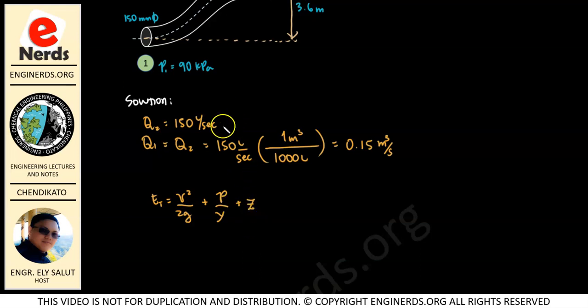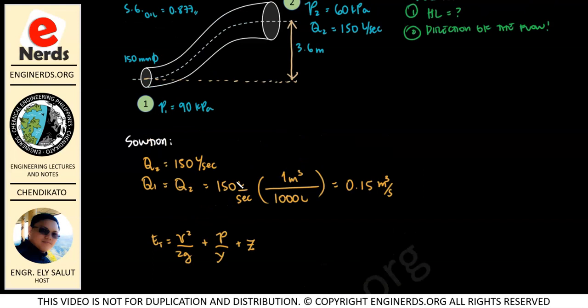Basically, we know the value of g, the acceleration due to gravity. We have the pressures here, the inlet pressure and the outlet pressure. We can get the specific weight, and we also have the elevation, which is 3.6 according to this diagram. So let us get these one by one.